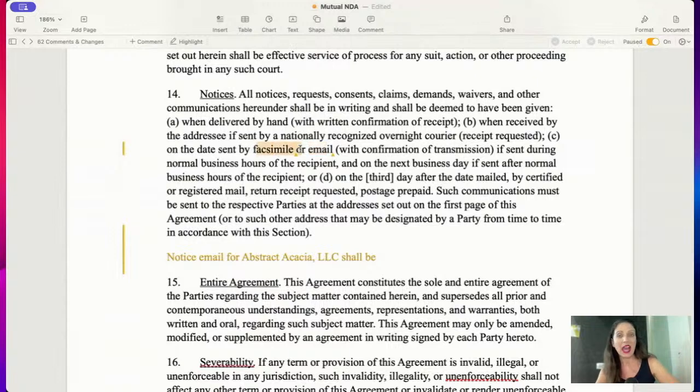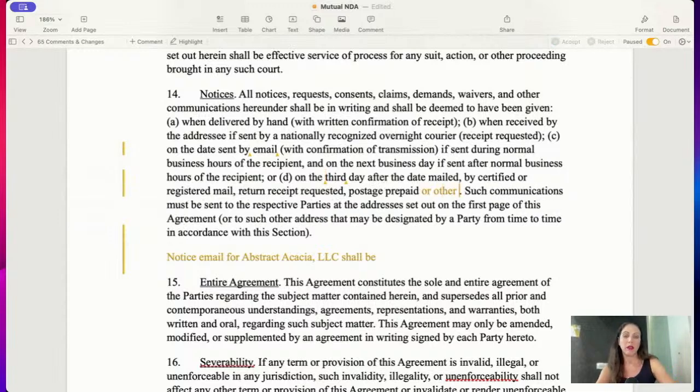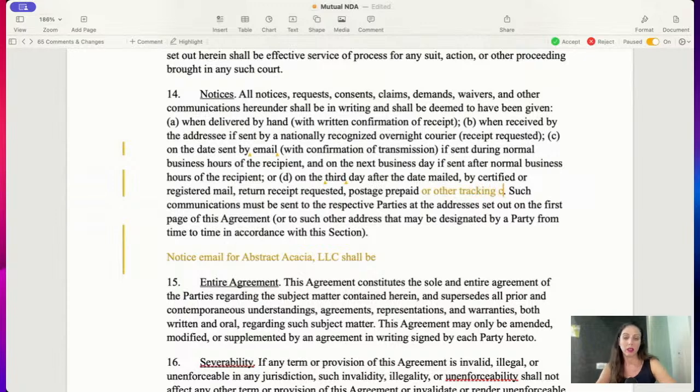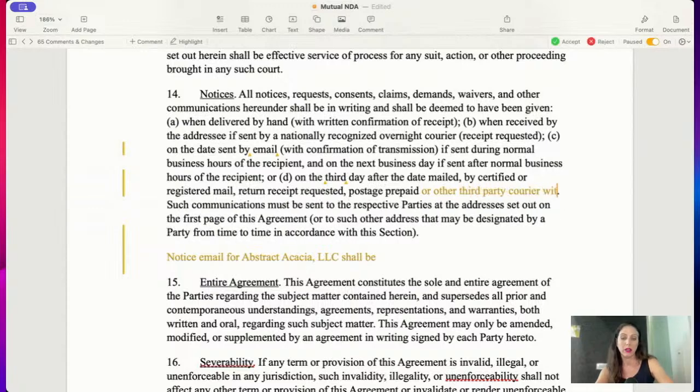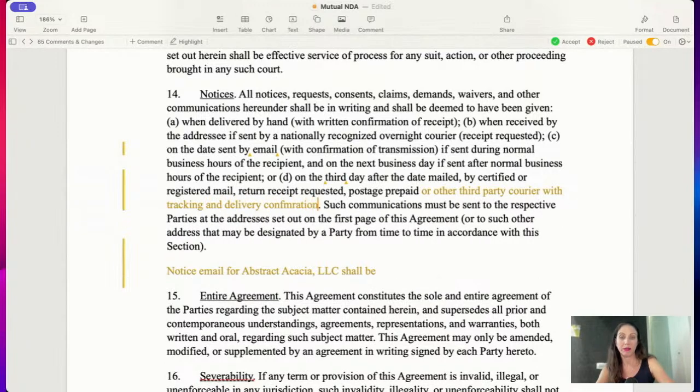Sent by fax. I do not do fax. Nope. And it's one of those I've never understood why that was a legally recognized form of communication. On the next day or on the 3rd day if by mail. Yep. Certified, registered, return receipt requested, postage prepaid, or other tracking courier, or I should say, or other third party with tracking and delivery confirmation.